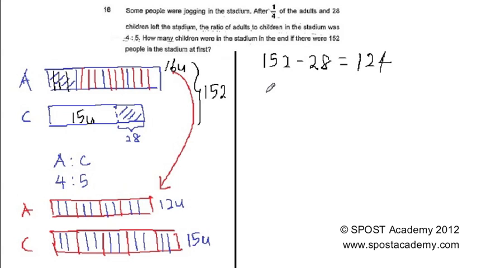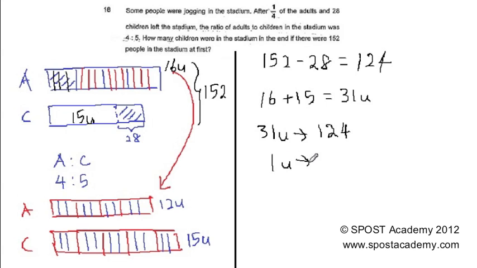The remaining units, which is 16 plus 15, which gives me a total of 31 units, is actually equivalent to the 124. So 31 units is equivalent to 124. In order to find 1 unit, I simply use 124 divided by 31, and that gives me 4. So now I know that 1 unit actually represents 4.